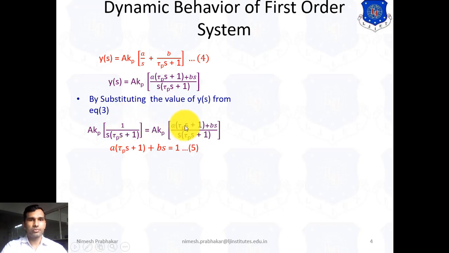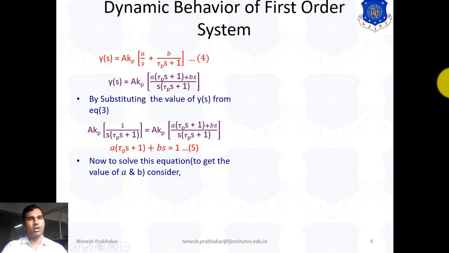Now, to find the values of A and B, we consider s is equal to minus 1 upon tau p.